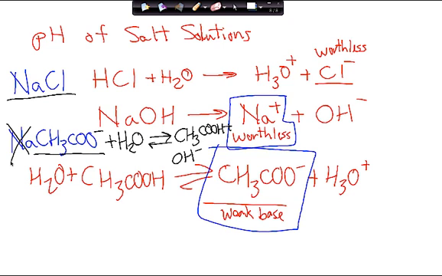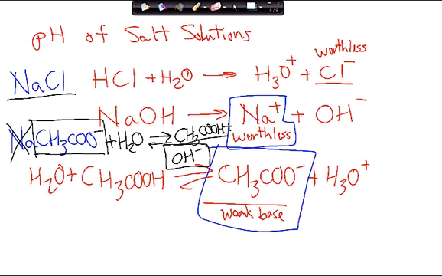So when acetate ion dissolves in water, the acetate ions actually attack the water molecules that are carrying them off into solution. When they do, the acetate ion steals a hydrogen from water, and it makes acetic acid, and a hydroxide ion is also produced. And now we have an excess of hydroxide ion, which makes this a basic solution.